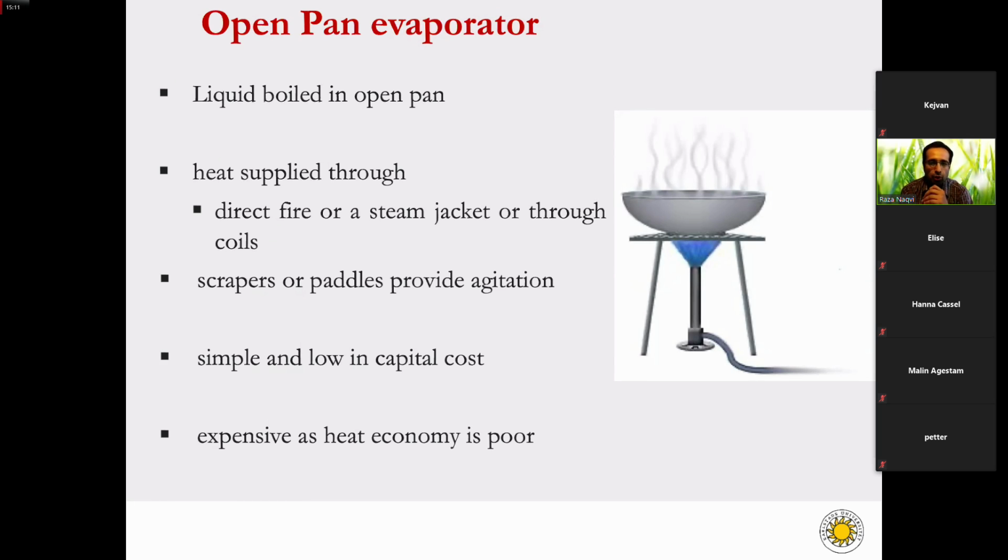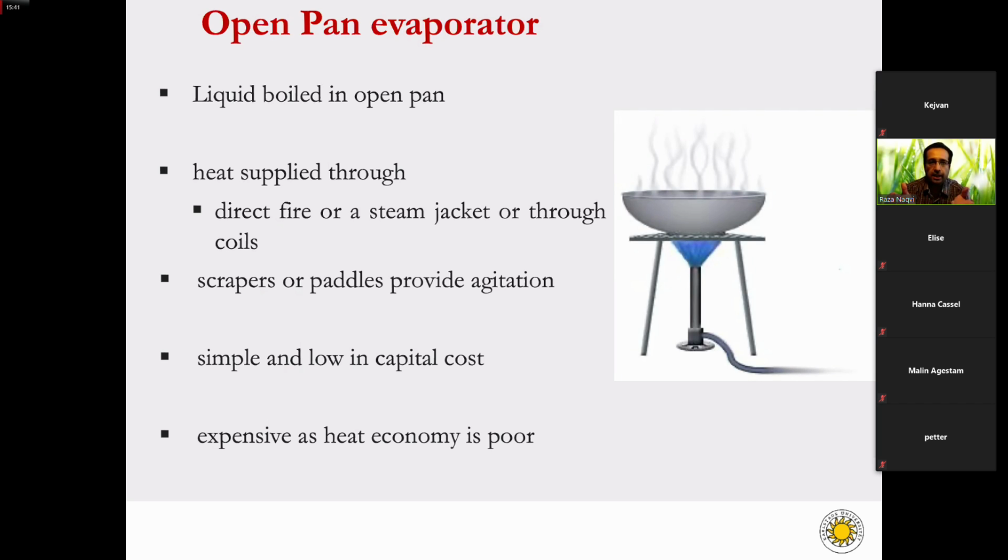But one of the disadvantages is that the heat required to boil the water is wasted, because all the vapors that you produce at the surface of the evaporator just become part of the atmosphere, and you cannot recover the energy content of the steam. So you lose all the energy that you have provided.